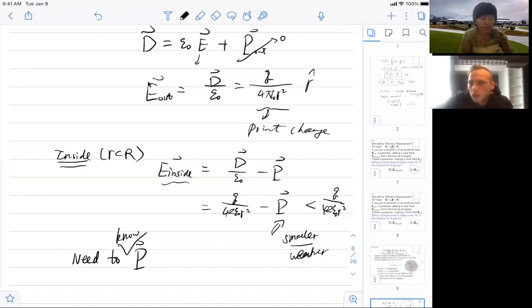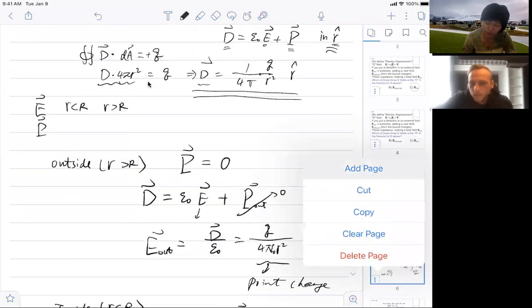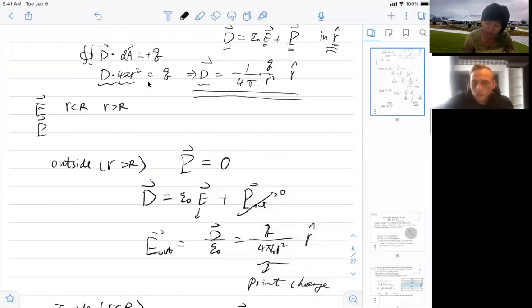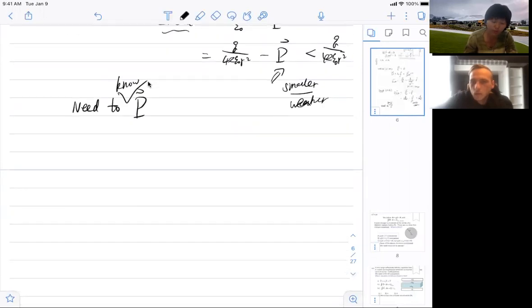The thing about D and E, we need to be a little bit careful because if we see this, we might be jumping upside down thinking, great, now we can always just calculate D, right? It's so much better than doing E because all we need to know is the free charges.